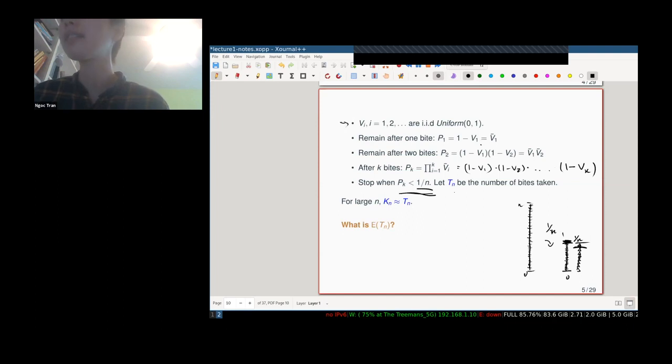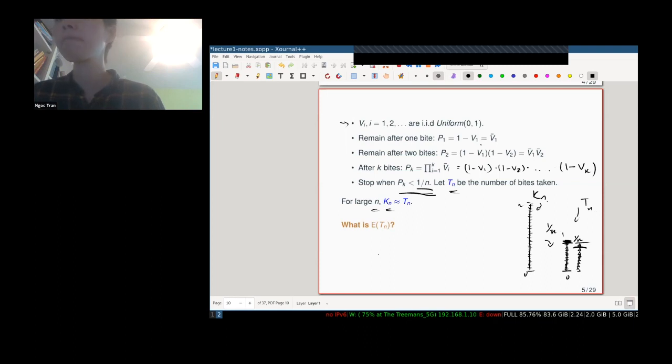Right. So now let Tn be the number of bites taken. I mean, this requires a proof, but it's not too difficult, right? We can say for large n, the number of pieces in my stick breaking in the discrete case, Kn, is approximately the number of bites I need to take in the continuous version until the first time that I get a piece smaller than 1 over n.